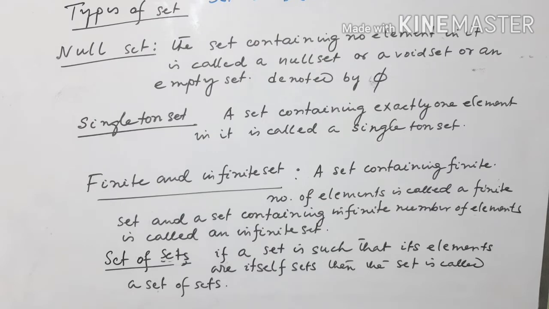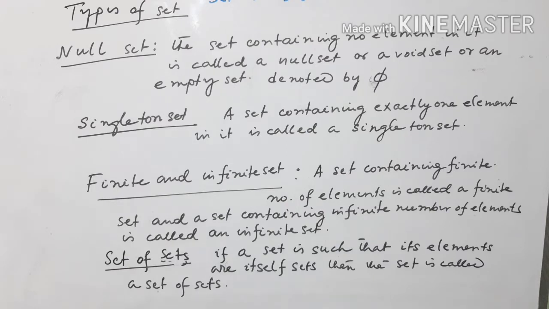Here if you say the set of vowels, there are 5 elements, finite set. The set of consonants, 21 elements, finite set. But if you say the set of natural numbers, so infinite elements are there. So we can say that they are infinite sets. The set of natural numbers, the set of integers, all of them are infinite sets. The set of stars in the sky, infinite set.